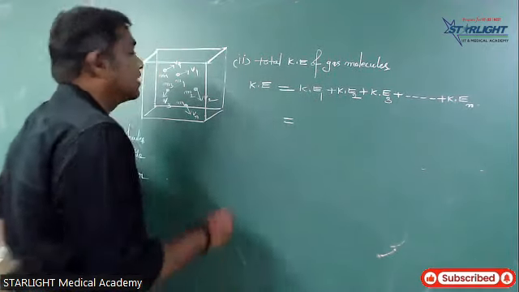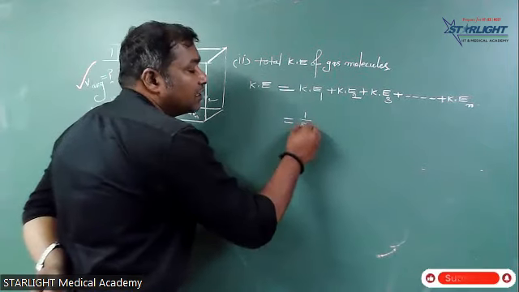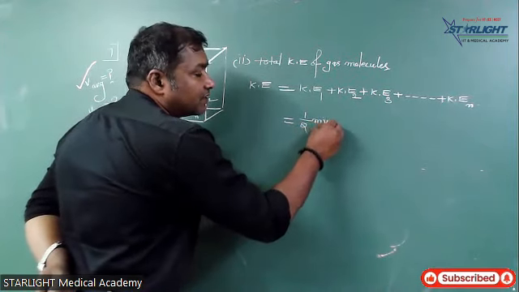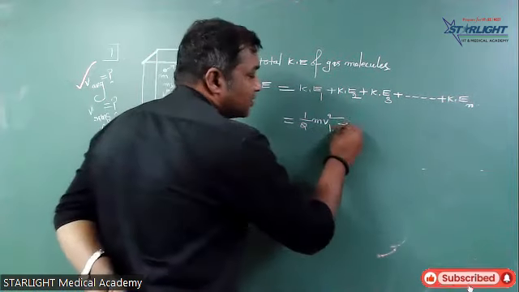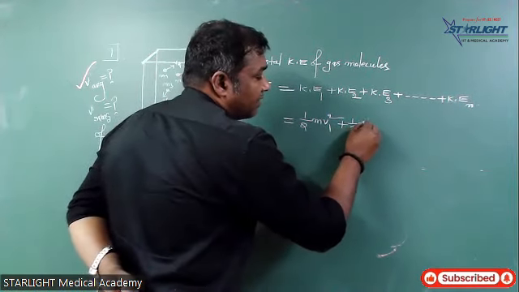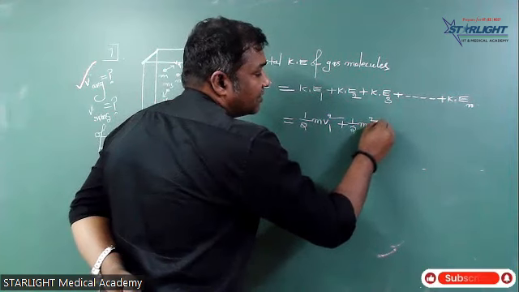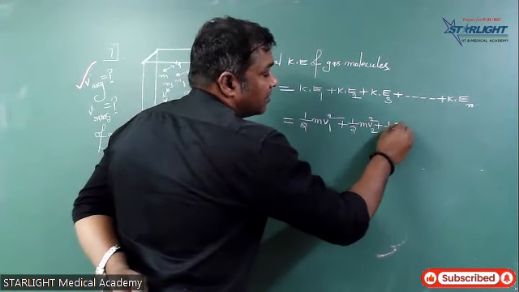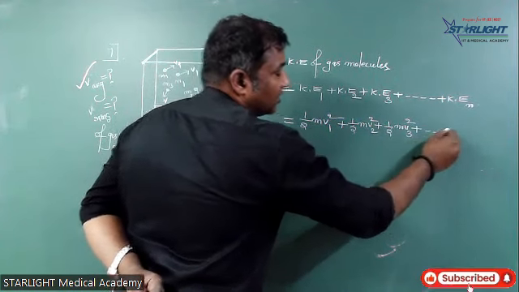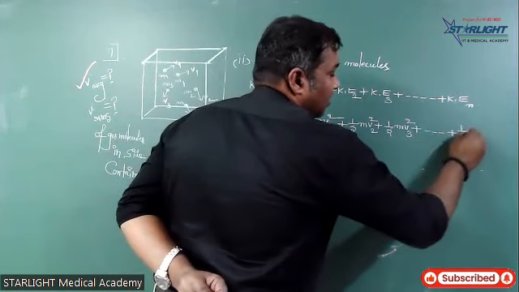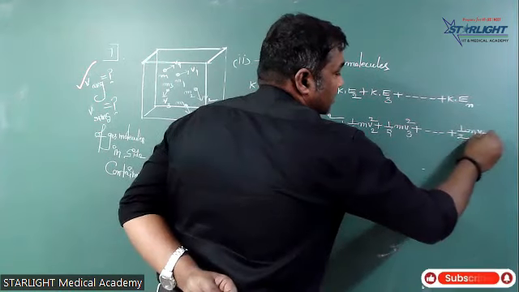The kinetic energy of one gas molecule is half m v1 square. Next, half m v2 square plus half m v3 square, and so on, plus half m vn square.